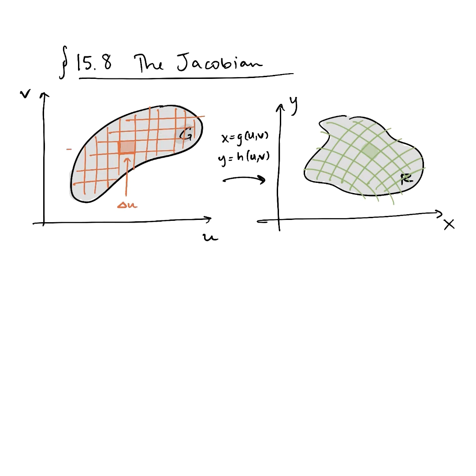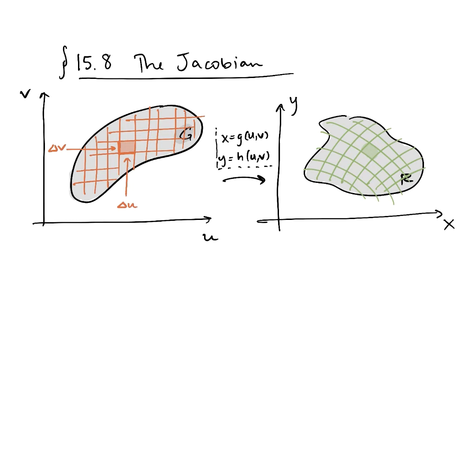Now, the patch it came from over on the left was just a rectangle, so its base is, say, delta U, and its height is delta V. And we want to see what happens over on the right when we build the new little patch in terms of x's and y's. So we're going to zoom in on that new little patch eventually here. And when we do, we'll try to estimate its area in terms of the area of the original red patch.